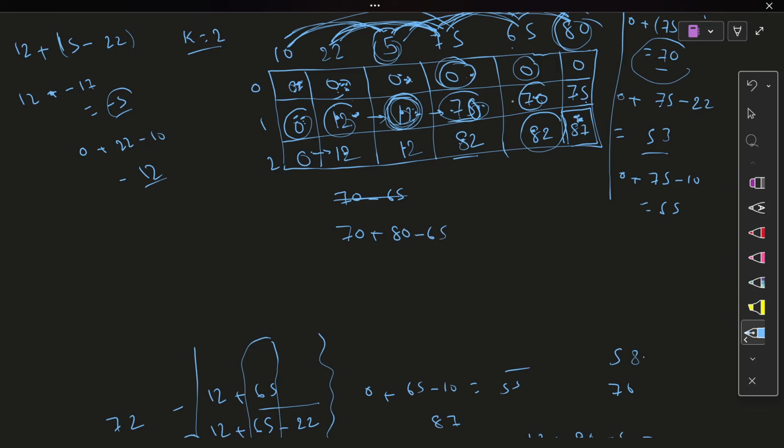Here one transaction is completed. So there is one transaction, 80 minus 65, or here 70 plus 80 minus 75.